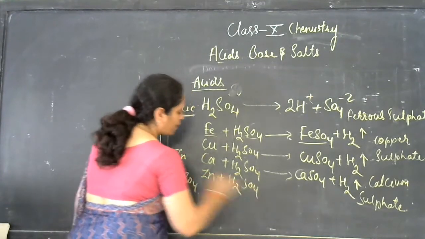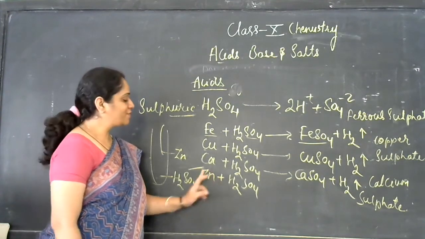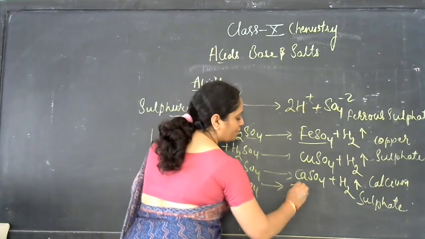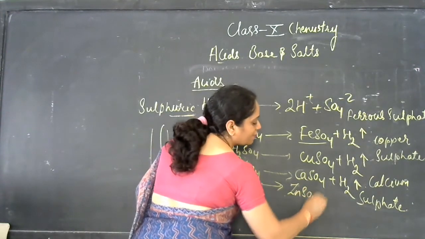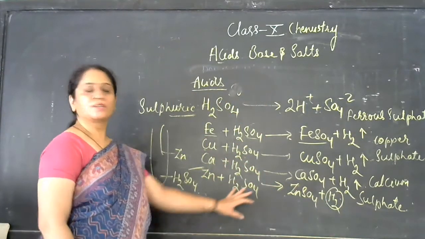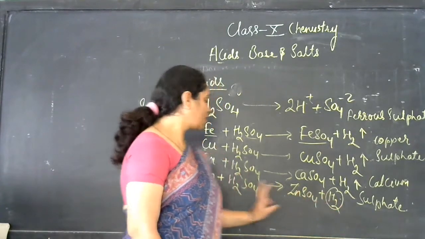It's a simple experiment that we did in the laboratory also. When zinc metal reacts with sulfuric acid, it gets converted into zinc sulfate and hydrogen gas is released immediately, because zinc metal is highly reactive, so it immediately reacts with H2SO4.